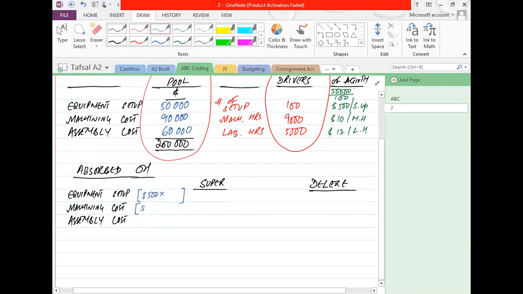Similarly, machine hours, 10 per machine hour. So we need to multiply it by the hours consumed by each product. For assembly, 12 per labor hour consumed in Super and labor hour consumed in Delexi.